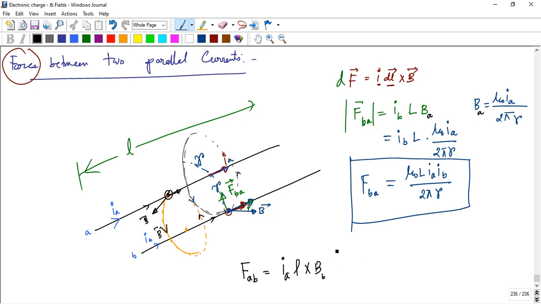Now here we get IA L, where L is the length, both wires having the same length.